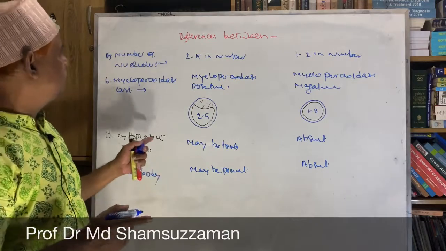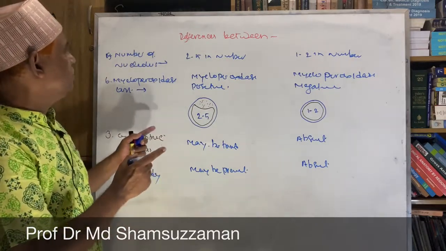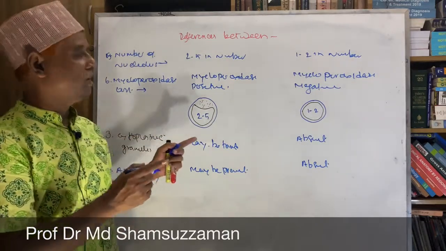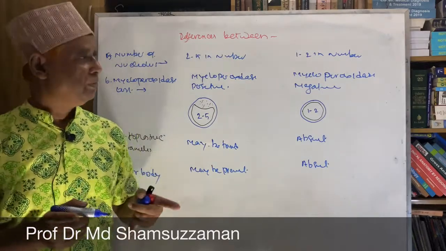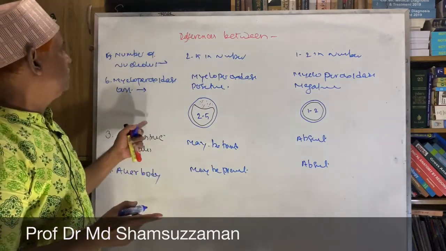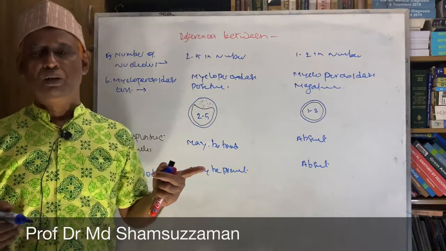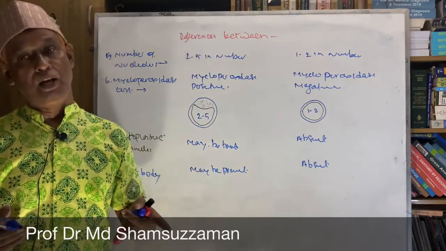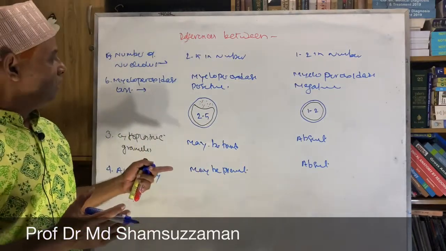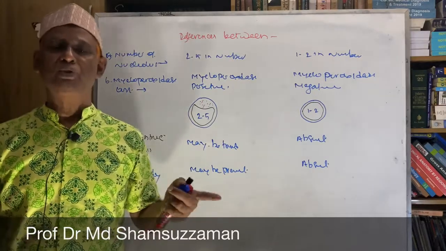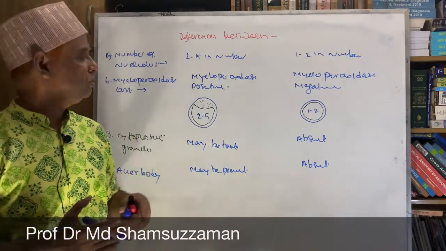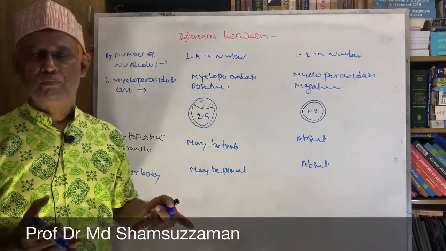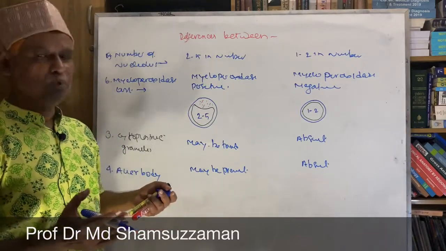Then I told you the differences between acute myeloblastic leukemia and acute lymphoblastic leukemia, and the differences between myeloblast and lymphoblast. Again, I have told you more than 50% blast cells are needed to declare a case of leukemia. Today up to this, thanks all.